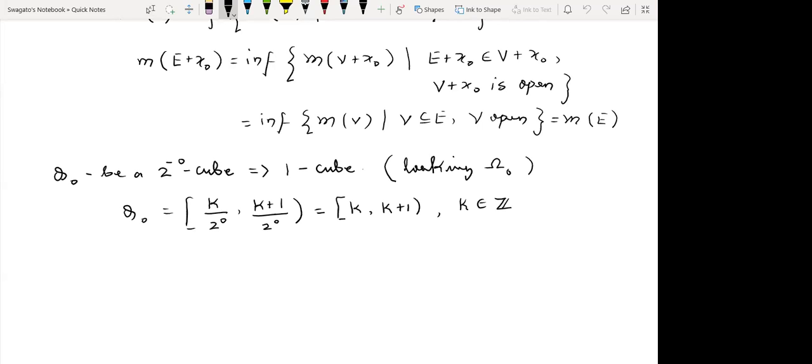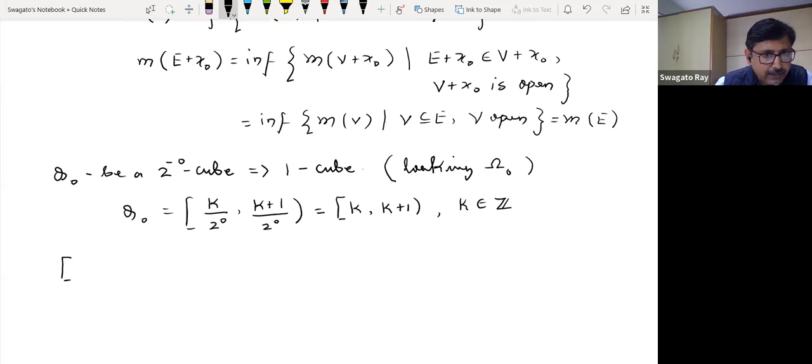Now let me do the following elementary arithmetic. Look at it very carefully, what I'm doing.